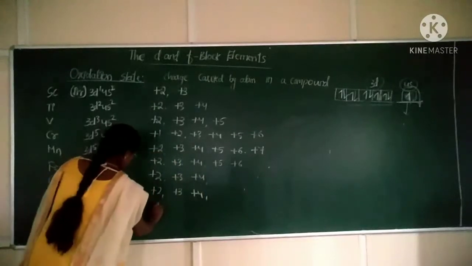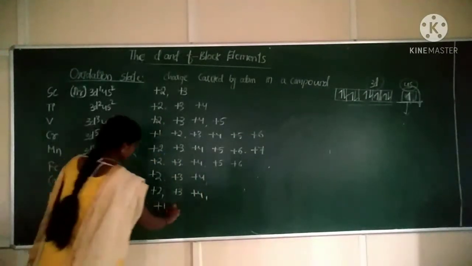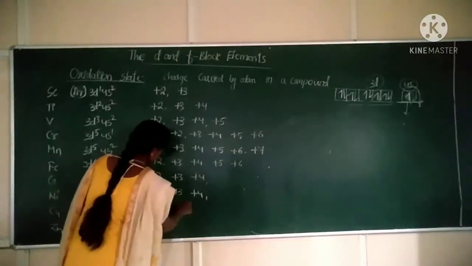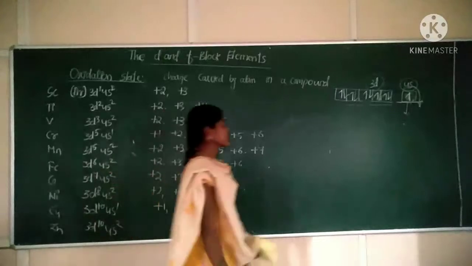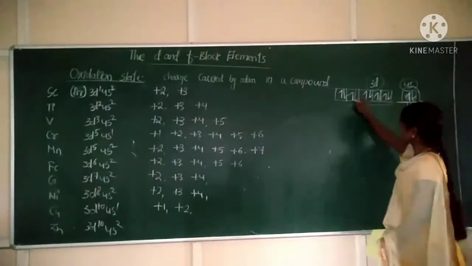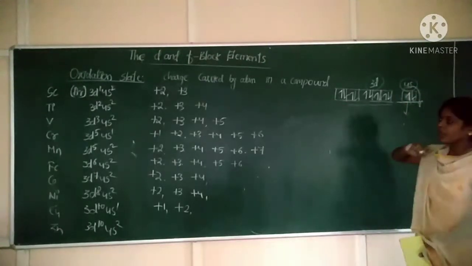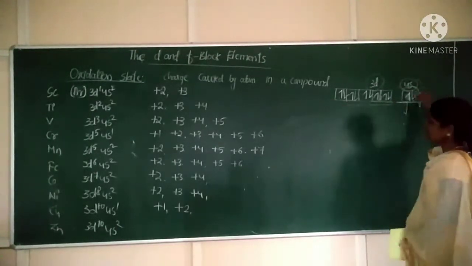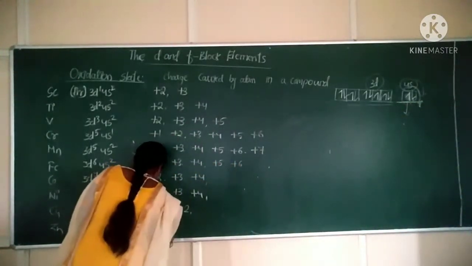It easily loses 1 electron, and if it loses 1 electron from the 3d, at that time it can have a +2 oxidation state. Clear? Next, zinc is 3d10 4s2. The 10 electrons are completely filled and the 2 electrons are also completely filled. However, it can lose only 2 electrons. So at that time it can have an oxidation state of +2.